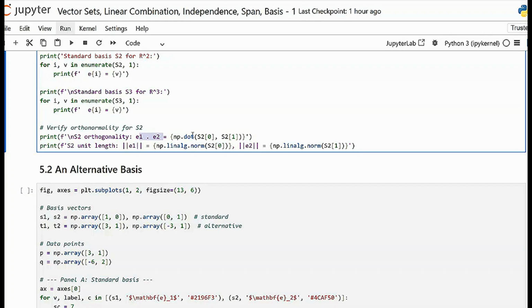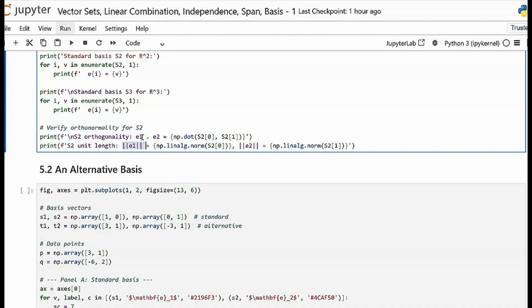This is equal to 0, which confirms the vectors are orthogonal. Orthogonal means perpendicular. Here we are also going to compute vector norms.